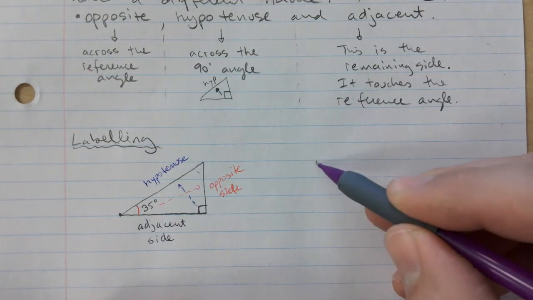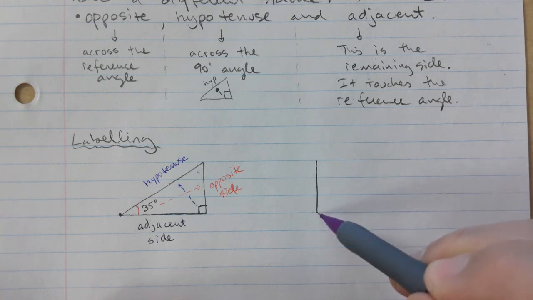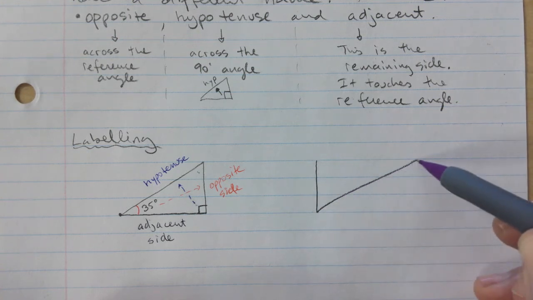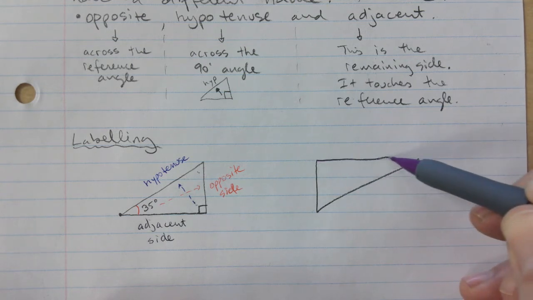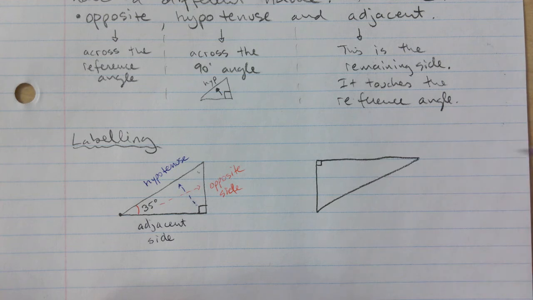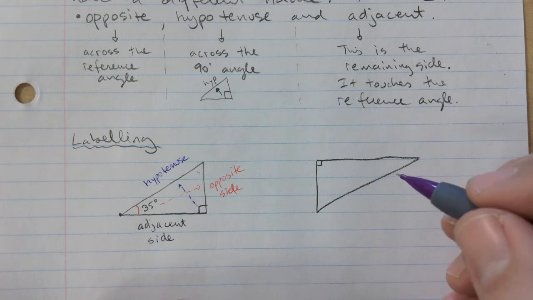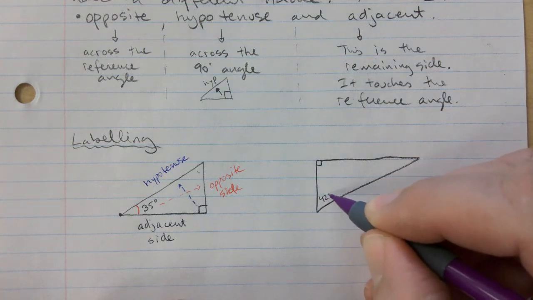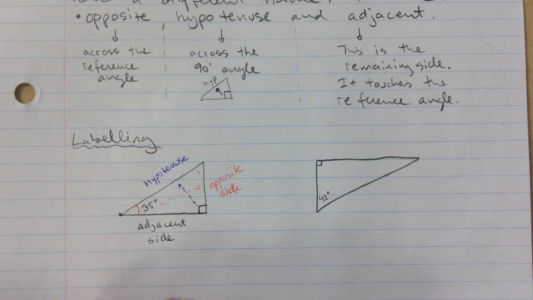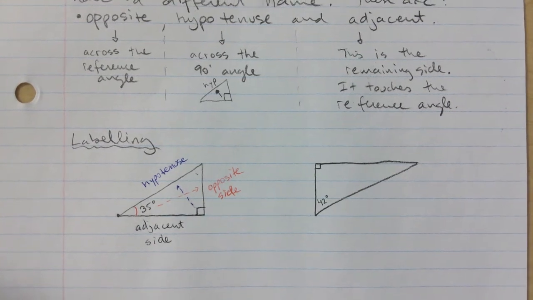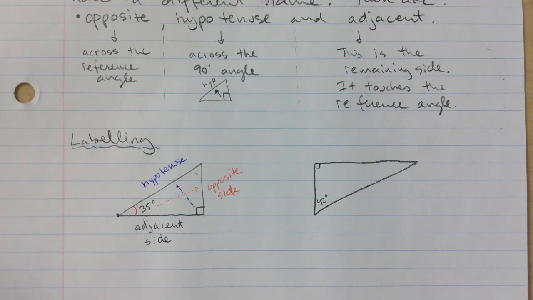Let's make a different triangle, upside down to really throw you off. Let's say this is 42 degrees, and I ask you to label the three sides. It doesn't really matter the order in which you do this, but I always recommend this order.